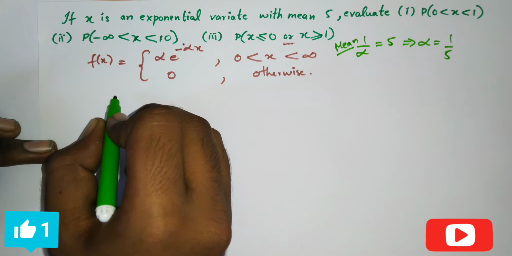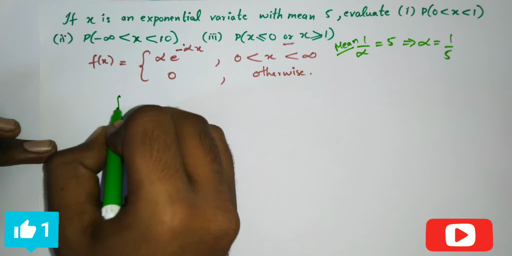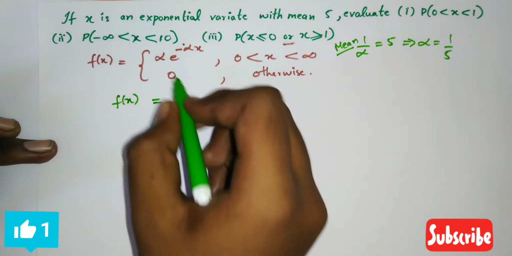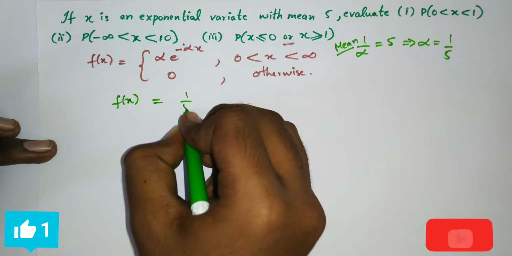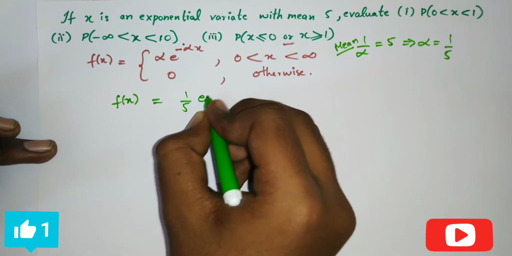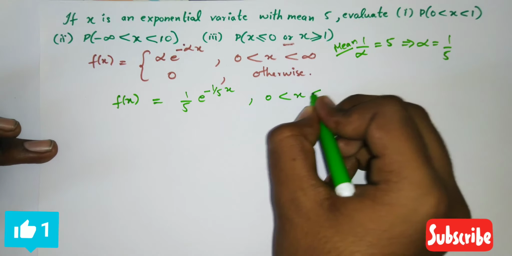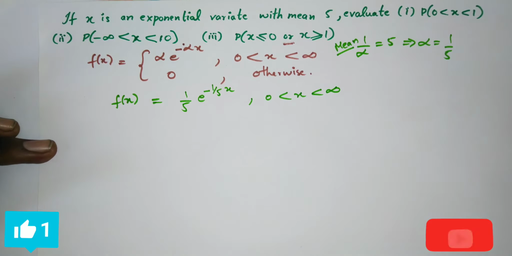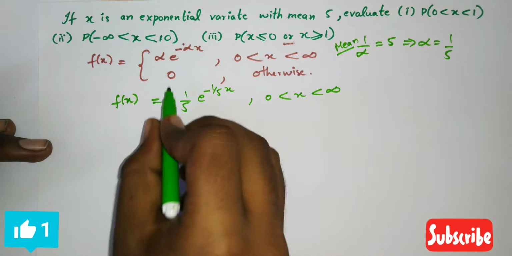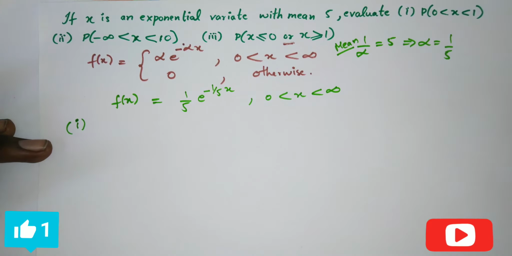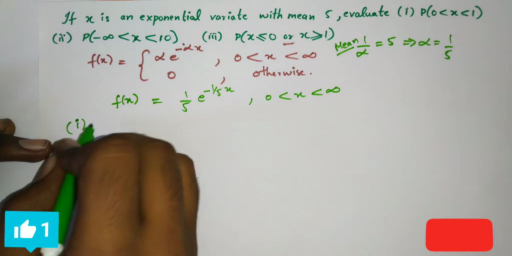Now we can replace f(x): f(x) becomes (1/5) e^(−x/5) when x lies between 0 and infinity. There is no need to write the second part again, that f(x) is 0 otherwise; it is understood.